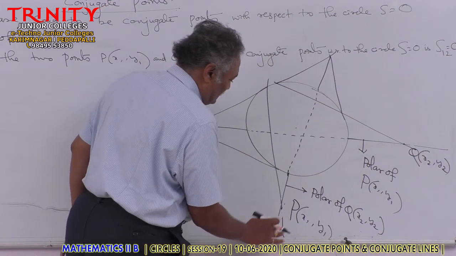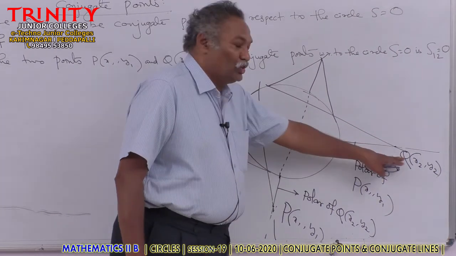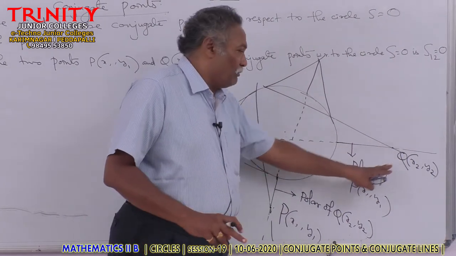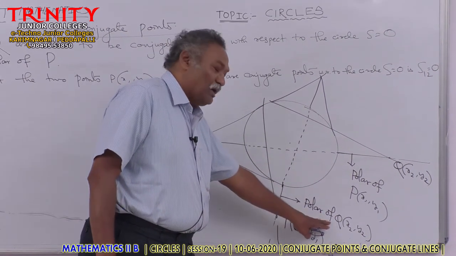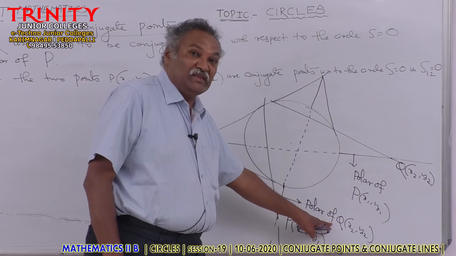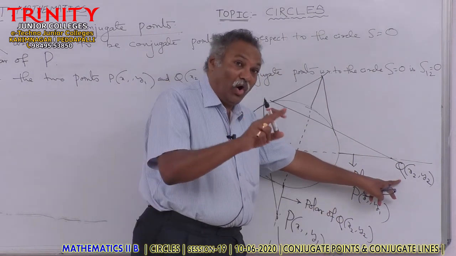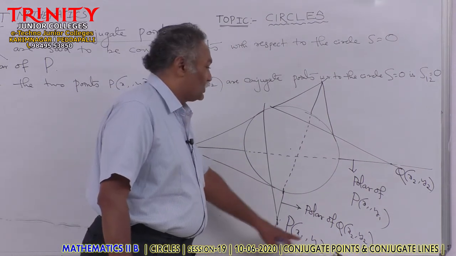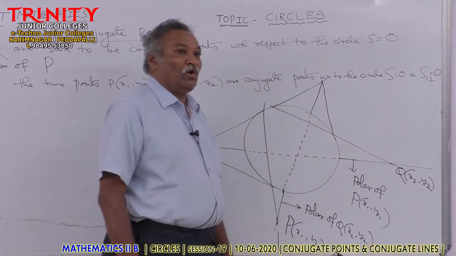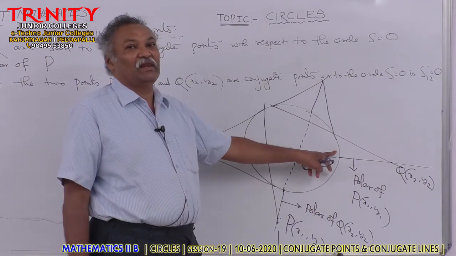Like this, it is P. Here Q lies on the polar of P and P lies on the polar of Q. Then P and Q are called conjugate points with respect to this circle.